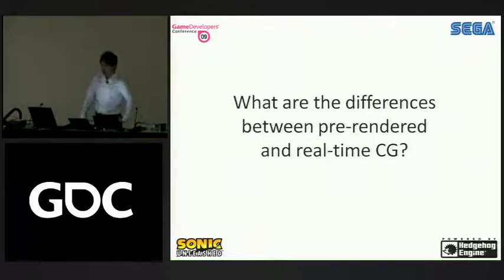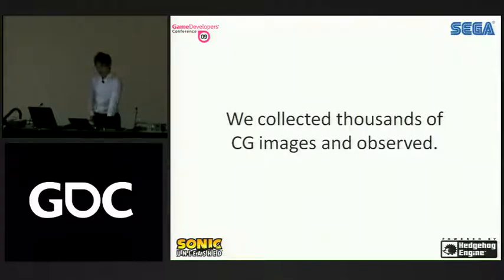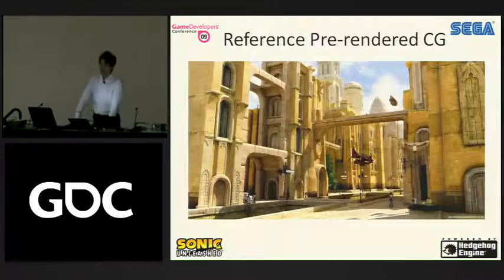Okay, so what about pre-rendered CG? That's what I was interested in at the time. What are the differences between pre-rendered CG and real-time CG? I was really interested in that point, so we collected thousands of CG images and observed.